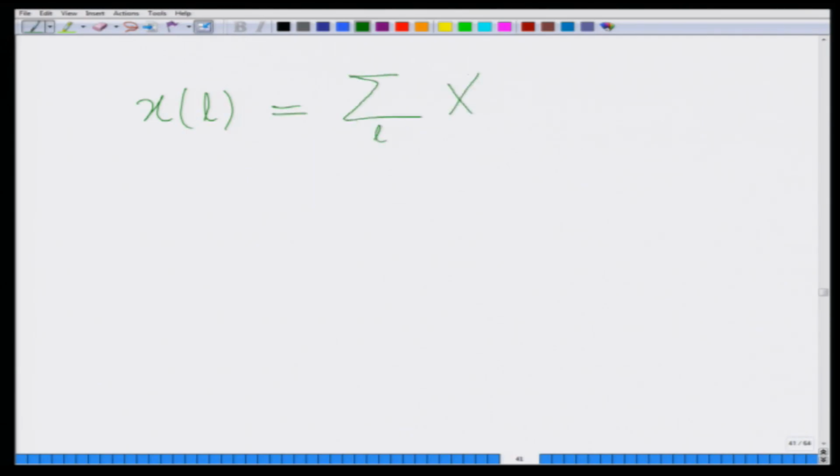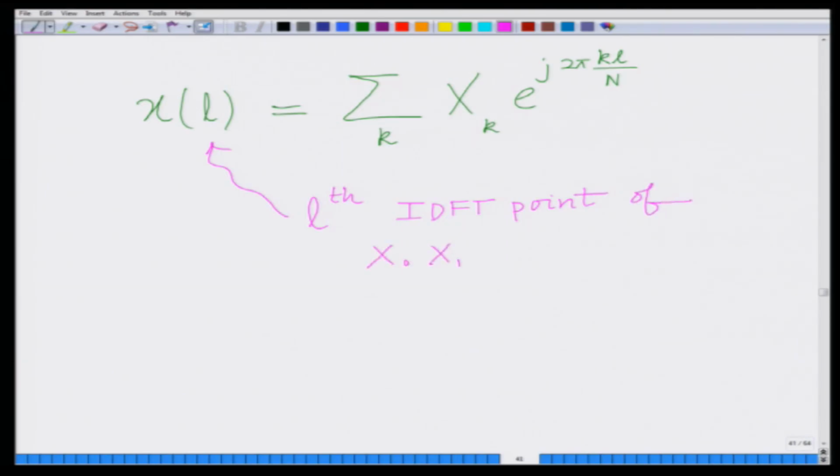So, x L, which is equal to the summation over k of X k e to the power of j 2 pi k L divided by N, is simply the Lth IDFT point, the inverse discrete Fourier transform point, of X0, X1, up to X N minus 1.